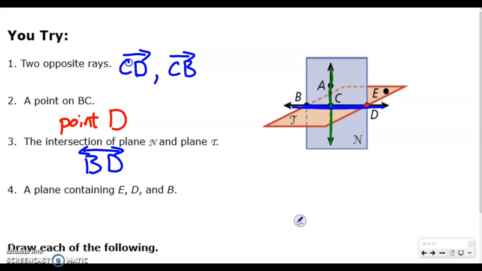Then number 4, a plane containing E, D, and B. E, D, and B. I think I called it plane T earlier. Whether this is a T or a J, we can go with it. All right, it's a T here, so we'll stick with T. So plane T.